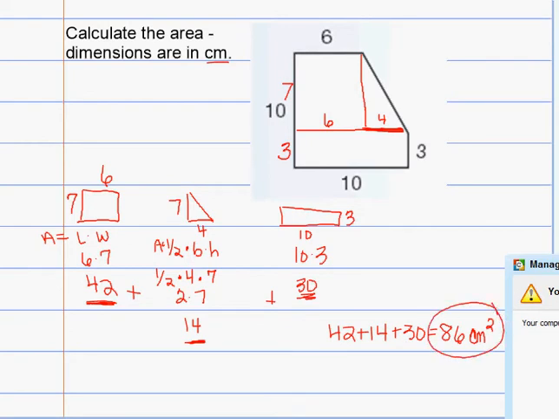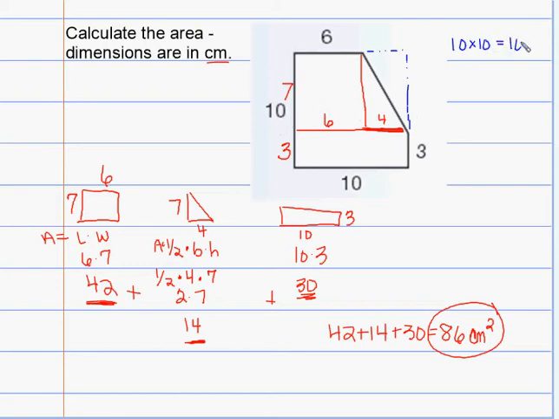Okay, now, one other way that you can do this, and I will work in blue, is that you could find the area of the whole thing. So you could find the area of a 10 by 10 square, which would be 100, and then we'd have to figure out what the dimensions are of this piece to find the area that we take away. Okay, the area of the full square minus the corner we cut off.